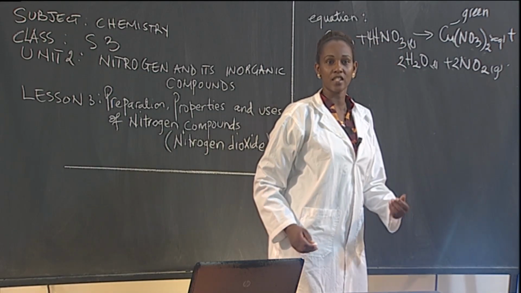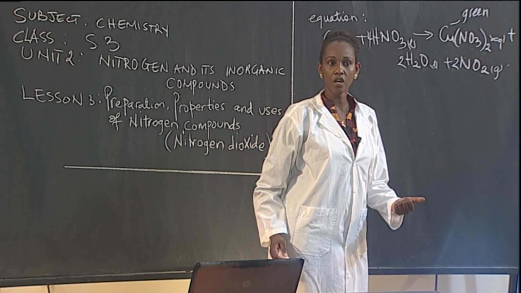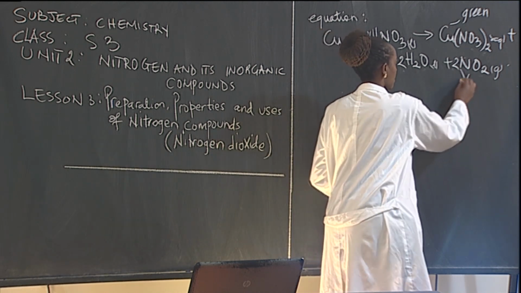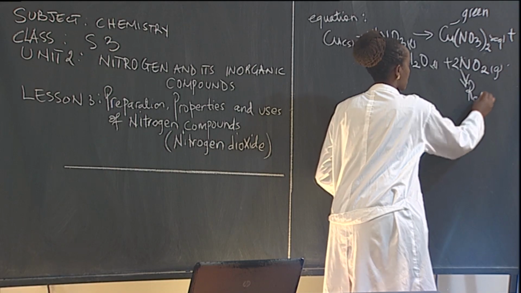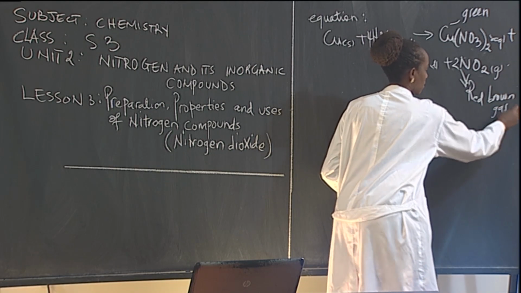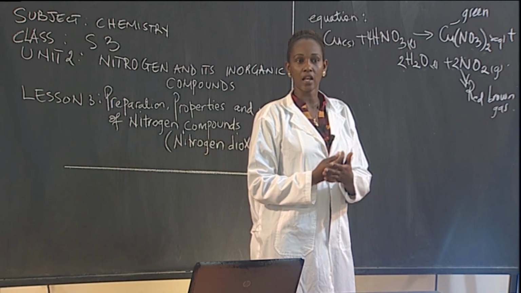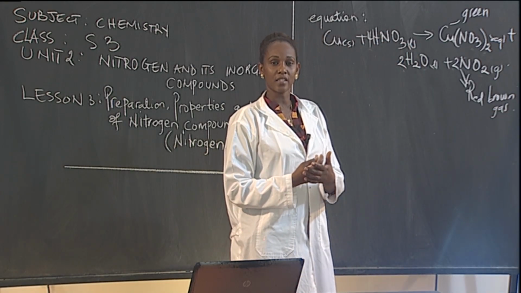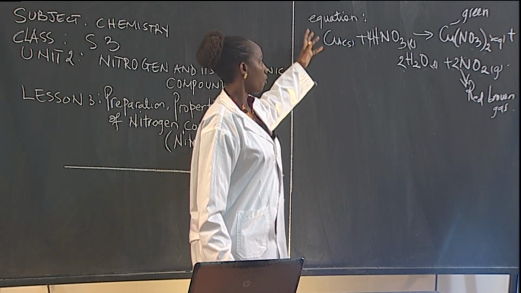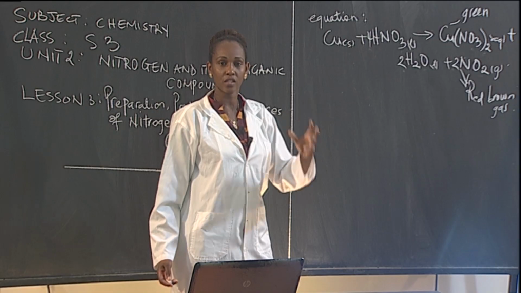Copper 2 nitrate is green in color. And a red-brown gas of nitrogen dioxide. All right? So this is the equation of reaction in the formation of nitrogen dioxide.